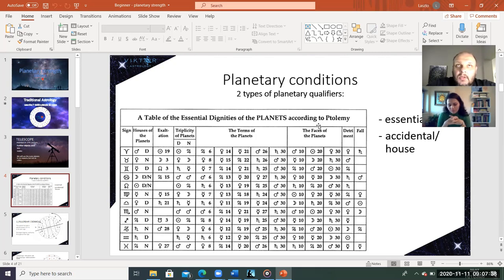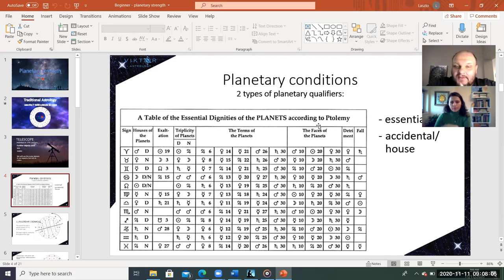Exactly. So it's very important to understand that the essential dignity table is going to be showing us the strength of the planet. The more strength the planet has, the more reliable it becomes. But it's not just about reliability, but somehow that planet, if it's in rulership, becomes like a guiding type of planet.